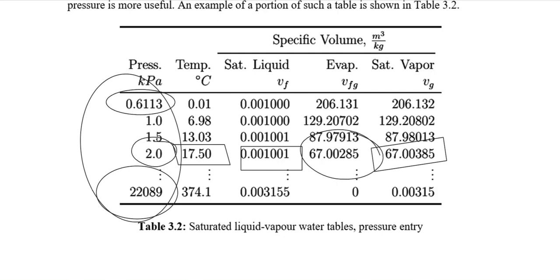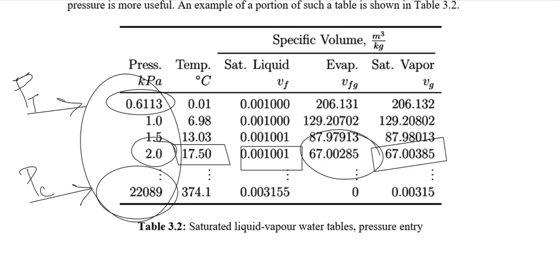The table's initial pressure is 0.613 kilopascal, and the final pressure is 22.89 megapascal. So just checking, this was our temperature at the triple point, and this was our pressure at the triple point, and this was our pressure at the critical point.